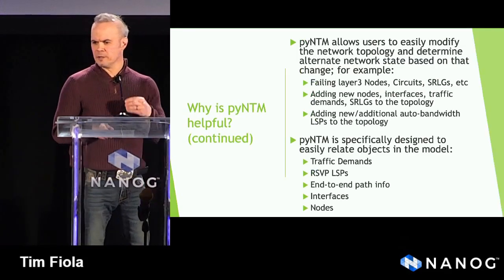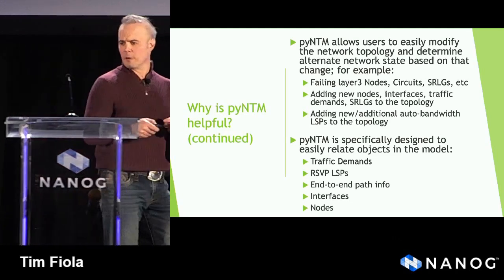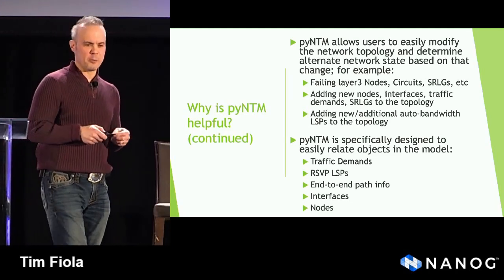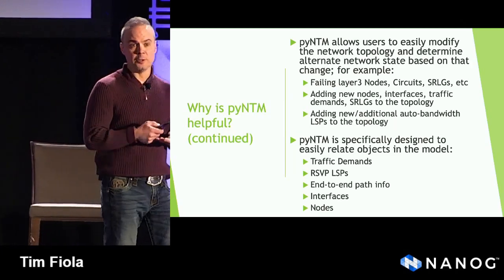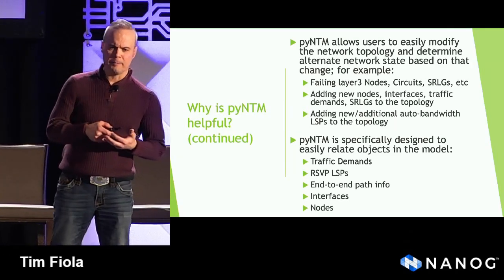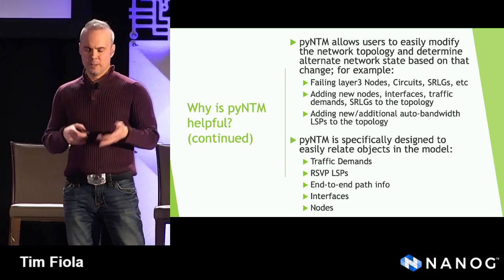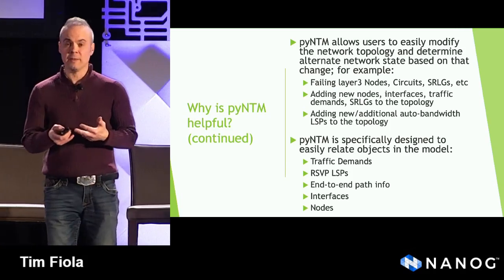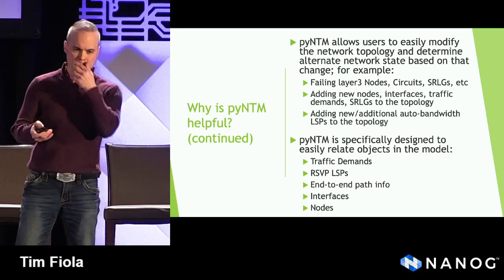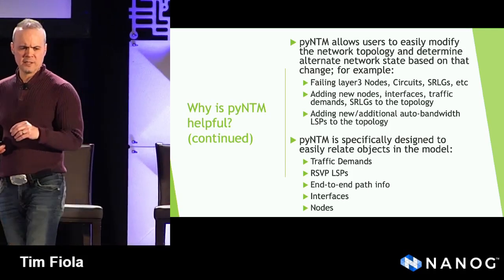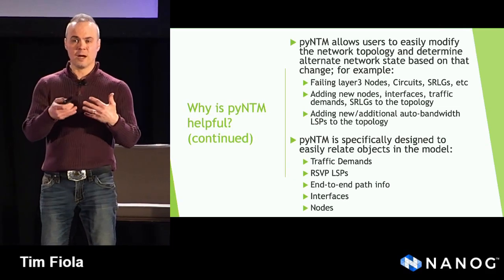PyNTM allows users to easily modify the topology of a network and determine alternate network state based on that change. For example, failing a node, adding a new circuit, adding LSPs. You can easily do that in PyNTM and then see what does it do? What's my network doing under those new conditions? And it's specifically designed to easily relate related objects in the model.